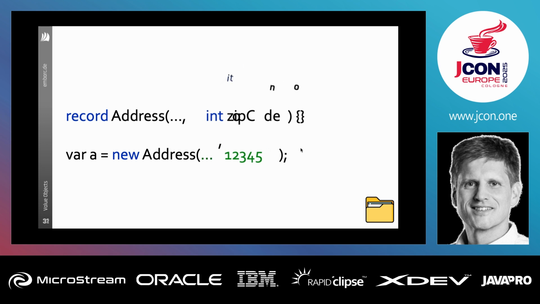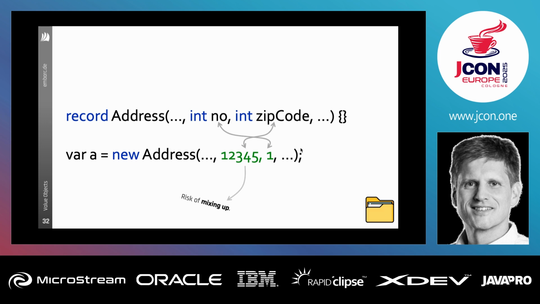And we get into some trouble if we have multiple int members, for example, the house number in this address and the zip code. When we create a new instance of Address, we can easily mix it up and accidentally swap both values, and that could still be a problem, I think.